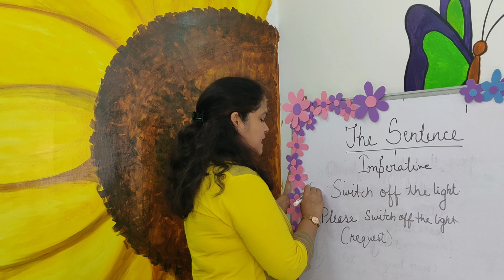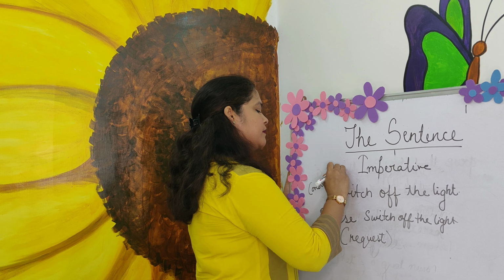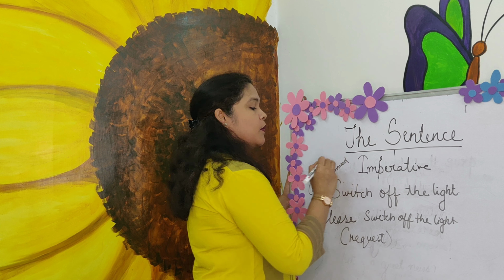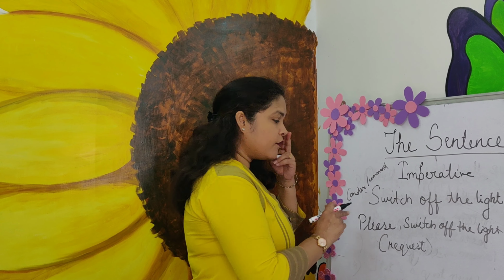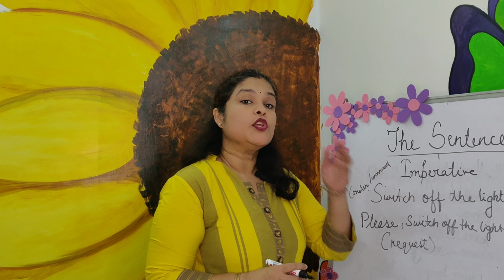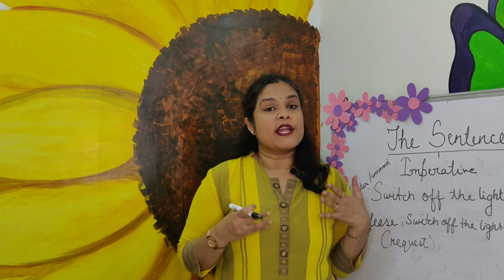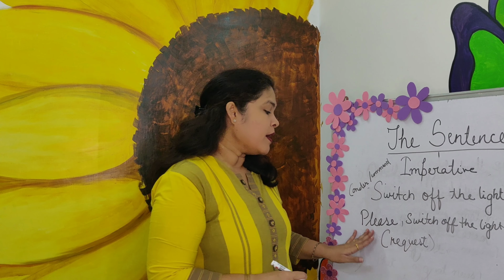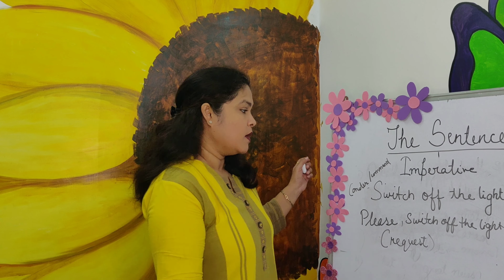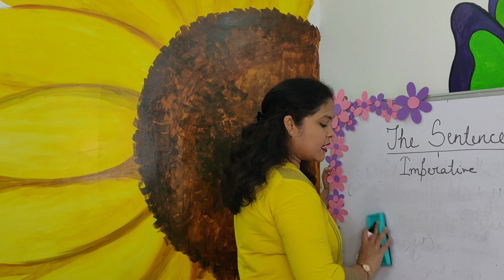Switch off the light is an order or maybe a command. So we see this, switch off the light, is giving us an order, and please switch off the light is making a request. So you need to see whether the sentence is trying to give you an order, a command, or whether it is making a request.